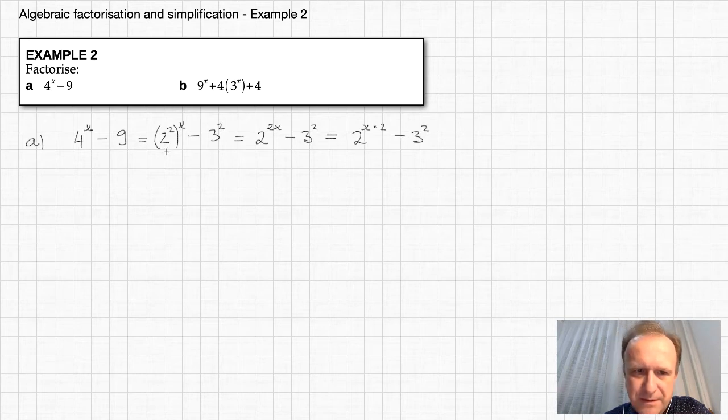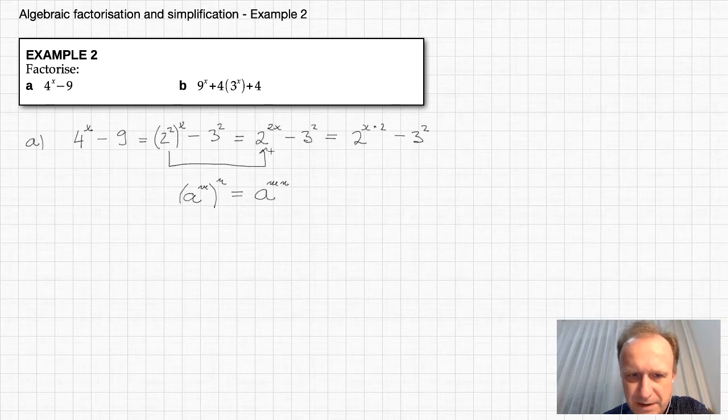And in here, when I replace this by this, I have used the power law, a to the power of m all to the power of n equals a to the power of mn. Then what I did here, I said that this is a to the power of nm.